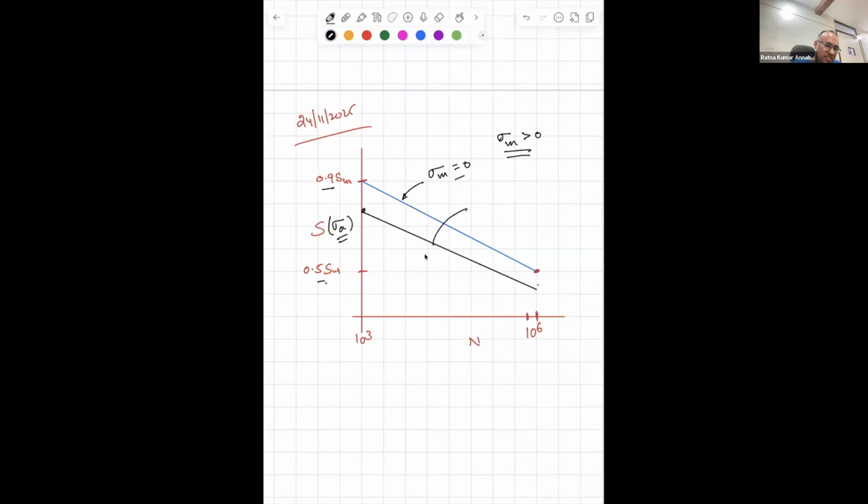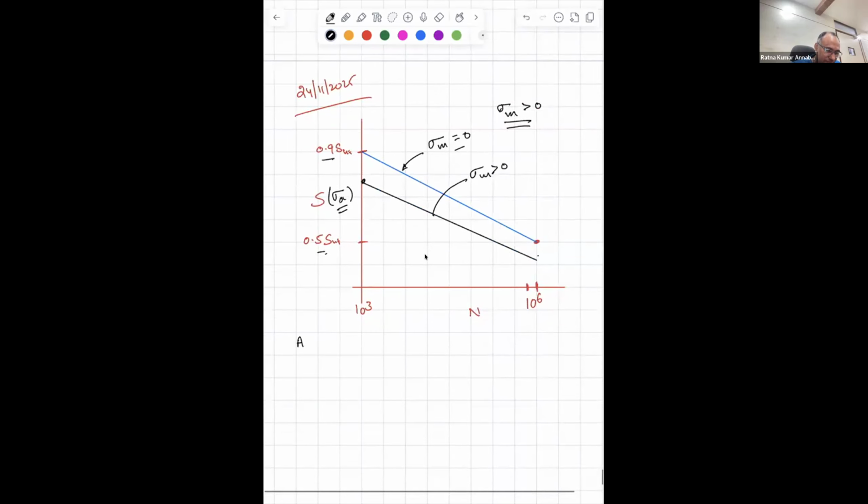This is sigma m greater than 0. That means as we increase sigma m, that is nothing but mean stress, the life decreases. Is that clear?